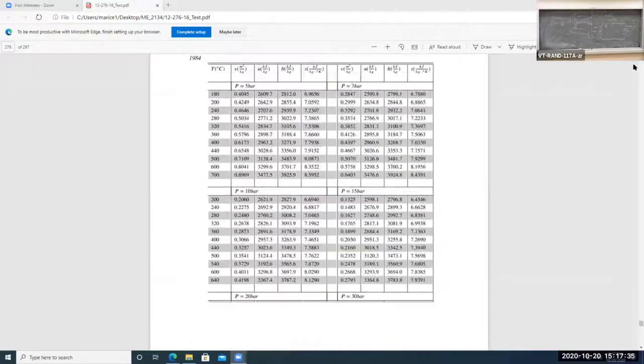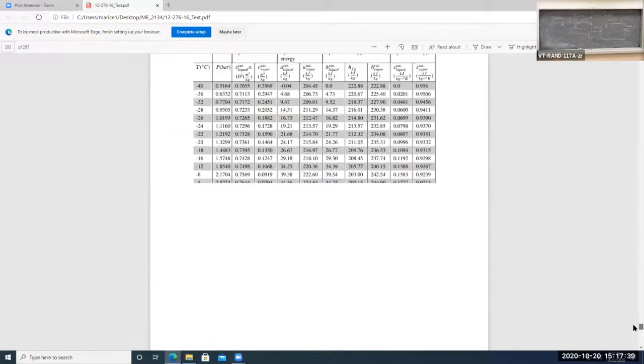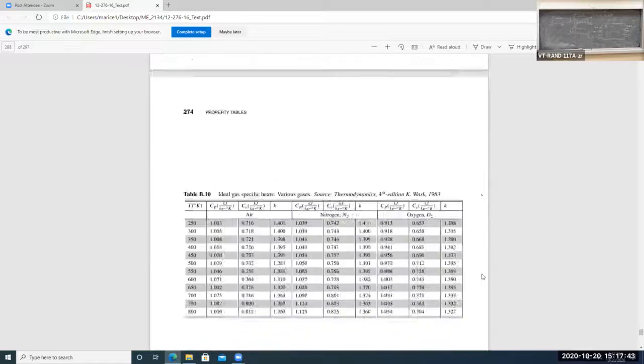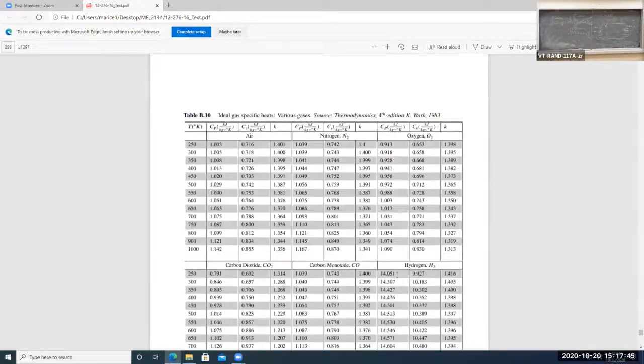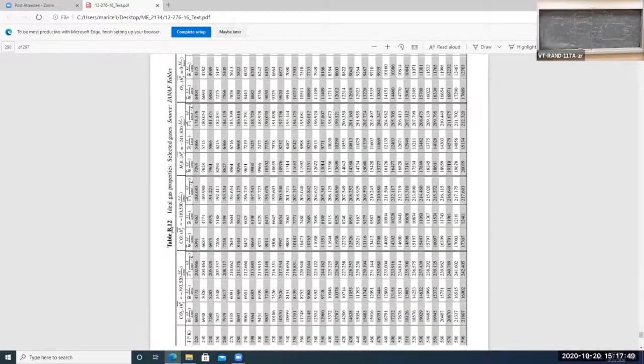So if you recall, here are our H2O properties, here are our air properties, and we also have ideal gas properties for selected gases.